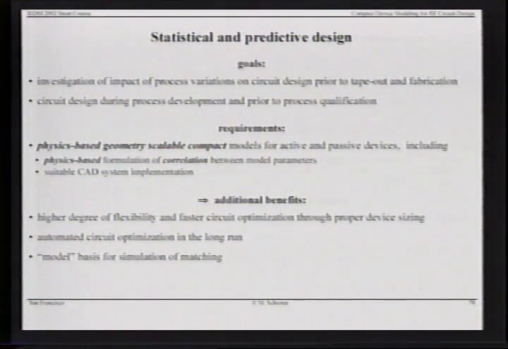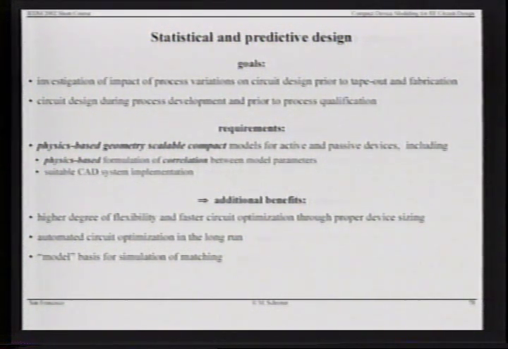Another hot discussion and something that users or customers request from foundries is the capability of doing statistical and predictive design. And the goal of the first one is to investigate and actually predict the impact of process variations on circuit performance prior to fabrication or to tape out.